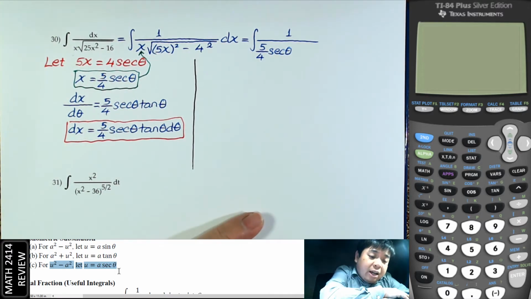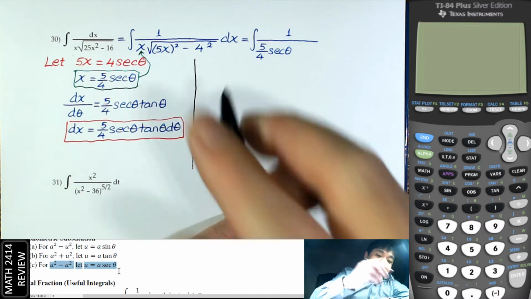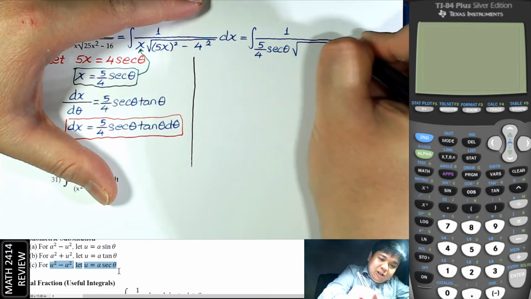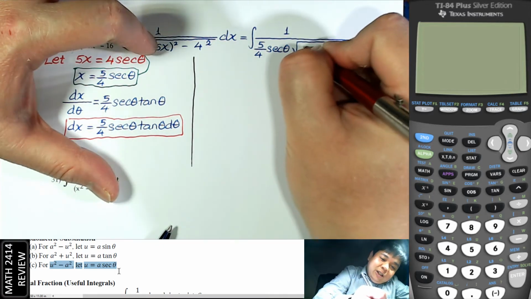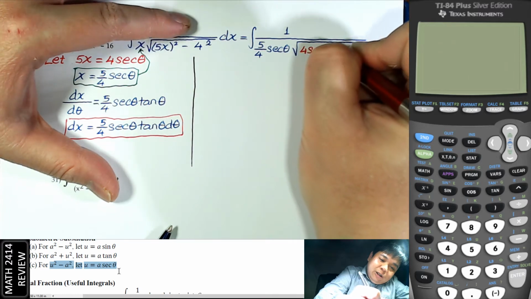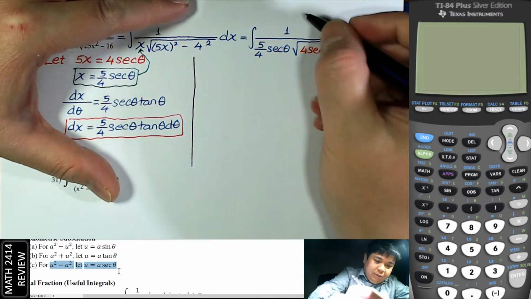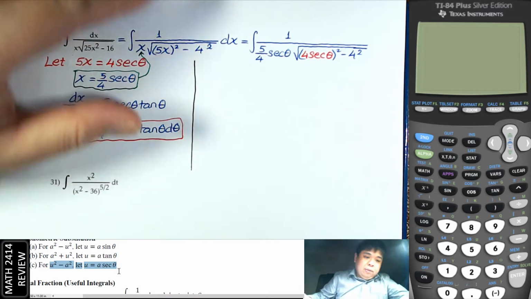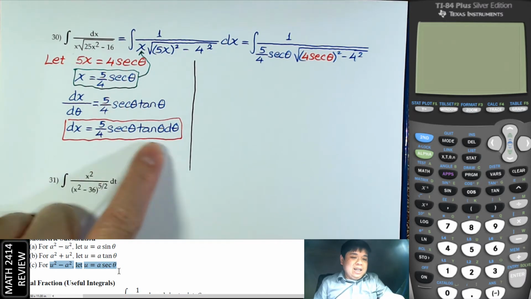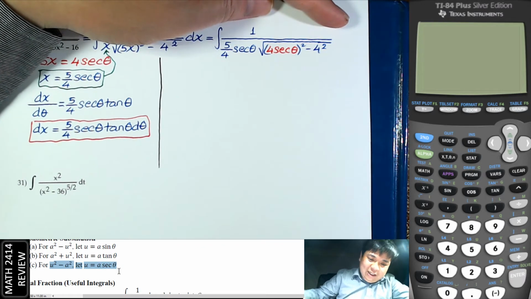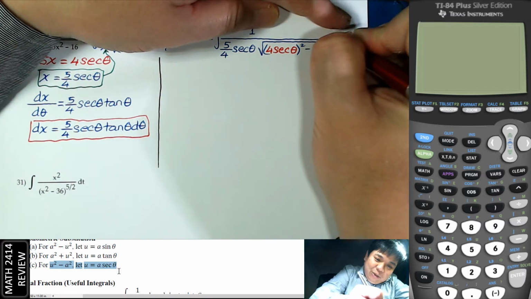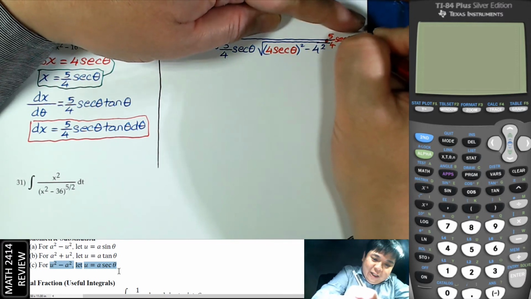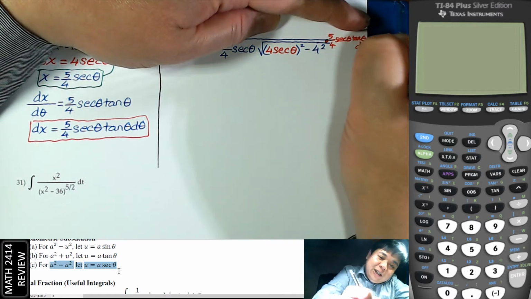Right, next, the 5x, actually 4 secant, so I'm just going to use 4 secant instead of using that one. 5x is 4 secant, squared minus 4 squared. Right, dx, wow, is this much. So I thought about that before. So 5 over 4 secant tangent d theta.